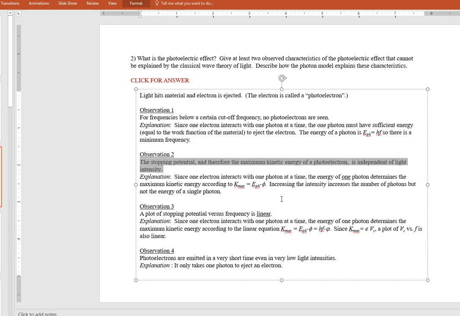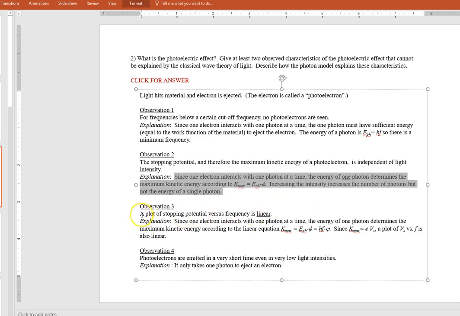But since one electron interacts with one photon at a time, the energy of that one photon is what determines the maximum kinetic energy. It's not the number of photons hitting the metal per time. It's just the energy of a single photon. If you don't change the frequency, you're not changing that. So increasing the intensity, the number of photons per time hitting the metal, is not going to change that stopping potential. So that explains that observation.